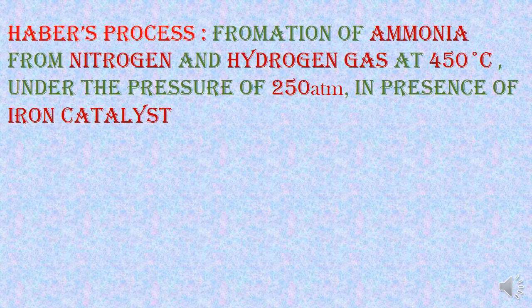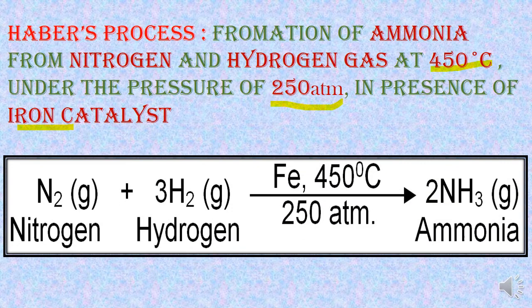Next example is Haber's process. It is the formation of ammonia from nitrogen and hydrogen at 450 degrees Celsius under a pressure of 250 atmospheres in the presence of an iron catalyst. Now, what are the reaction conditions here? Yes, temperature is 450 degrees Celsius, pressure is 250 atmospheric pressure, and the catalyst is iron.